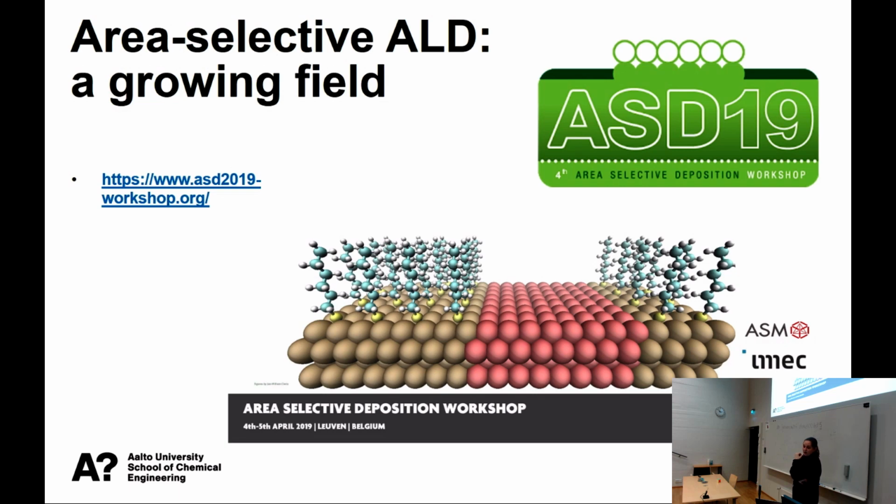There's going to be the fourth, now yearly, I think, area-selective deposition workshop, concentrating mostly on ALD and using exactly this phenomenon of island growth in a controlled way on pre-patterned wafers to grow film only where you want it to. And this is at IMEC, the place where I was also a postdoc, participating in that transistor development a long time ago.